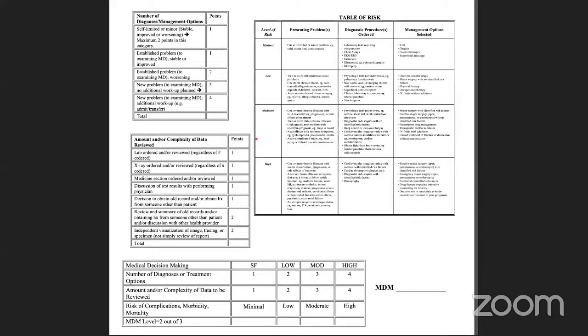Because I believe there are so many areas of uncertainty. I don't know if you figured this out, but you're literally counting these different elements for the history, the exam, and medical decision making. And that's the number one reason why, for 2021, we don't have this model for office visits, but we do have it for everything else that requires components.